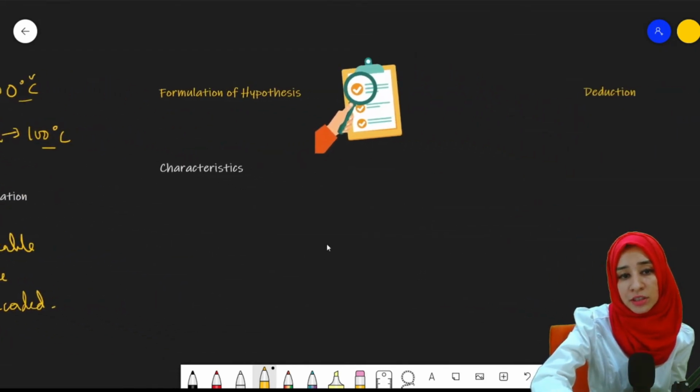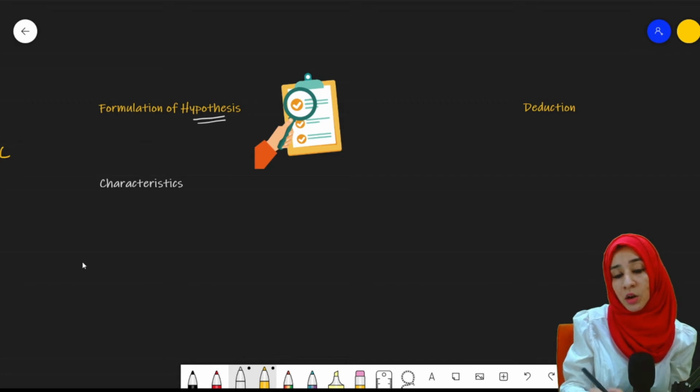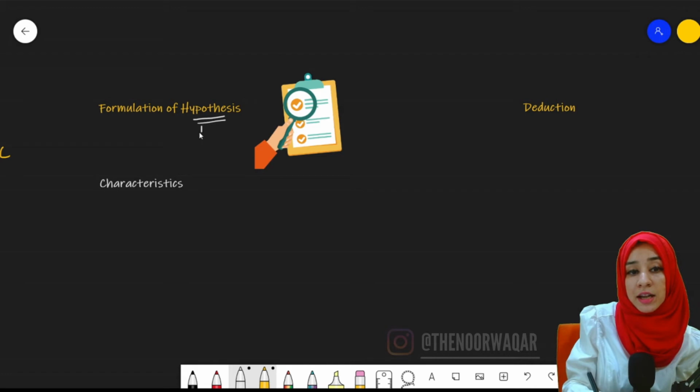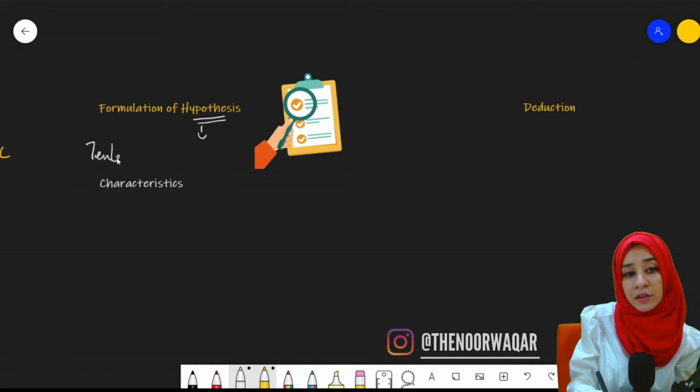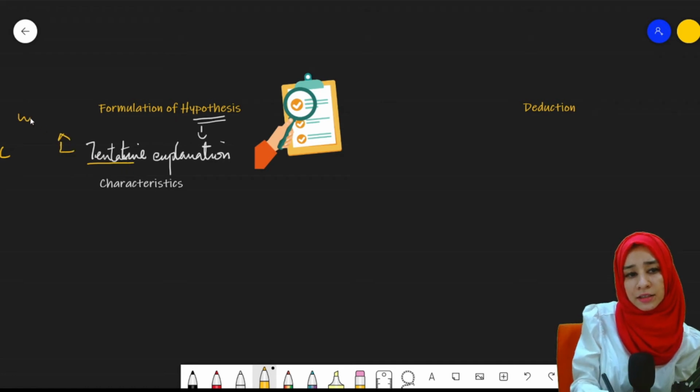Then we'll move on to the third step, that is the formulation of hypothesis. Now, what is hypothesis? This is the tentative explanation. Now, what is the meaning of tentative? The word tentative means uncertain.